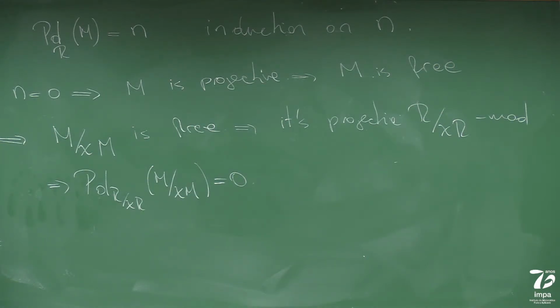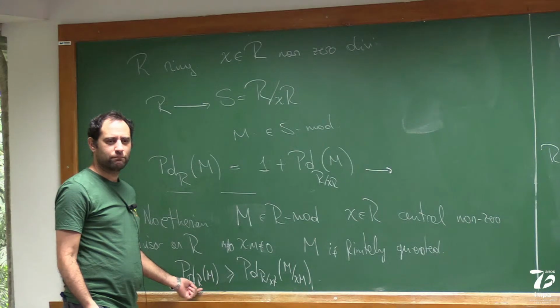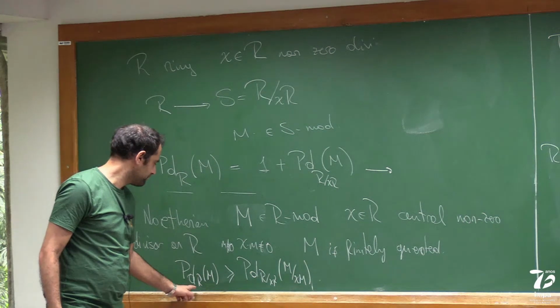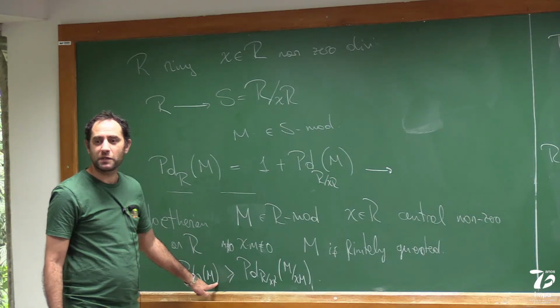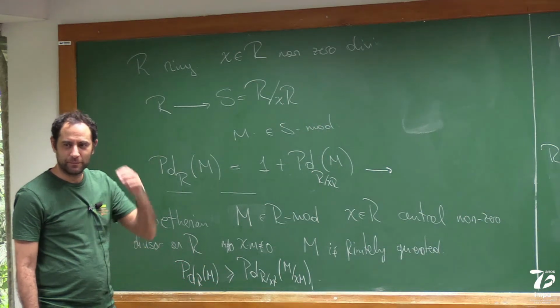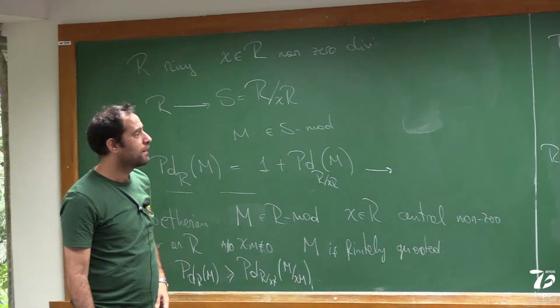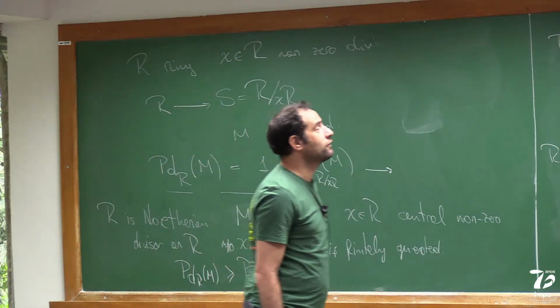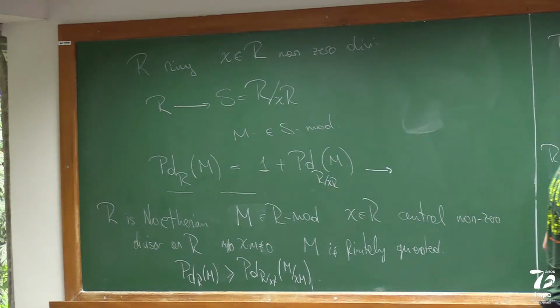Well, probably I didn't need to do anything about this, because we have this inequality anyways. It's a local ring, so it has to be a Noetherian local ring.